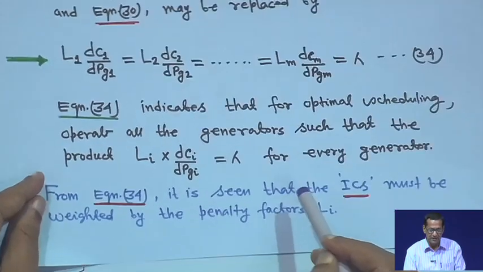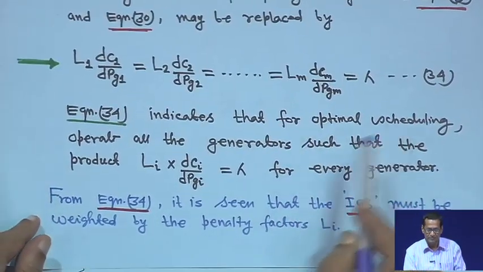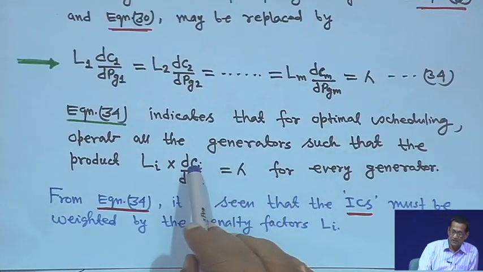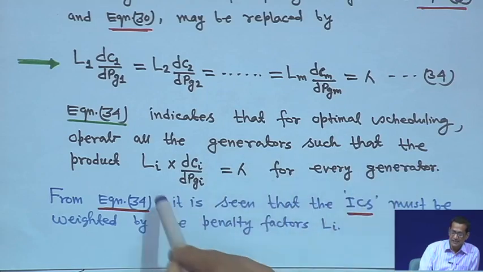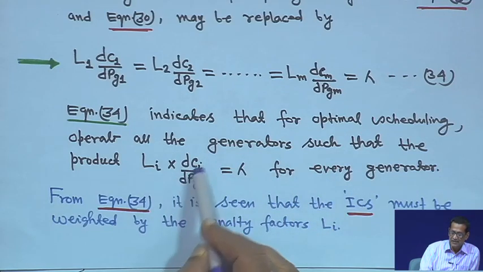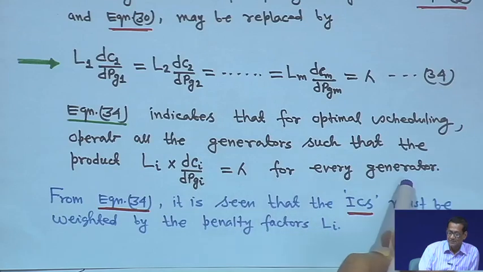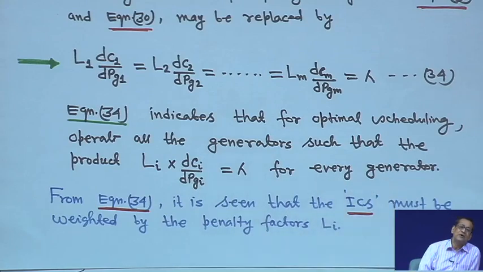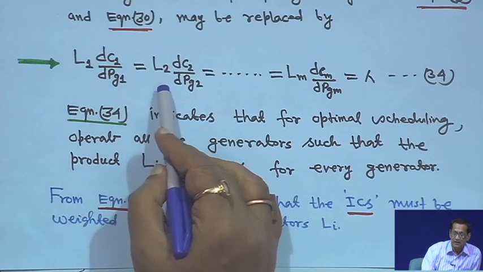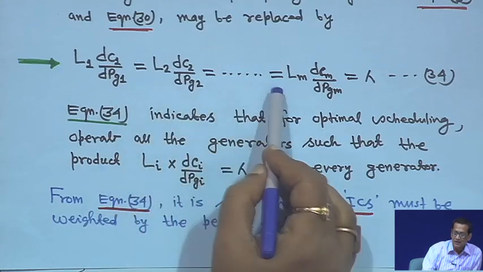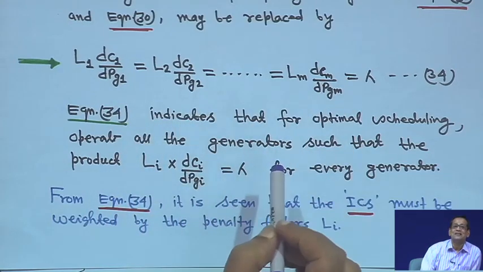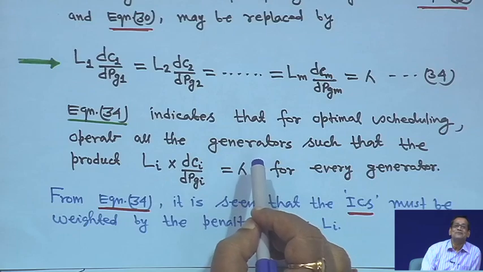Equation 34 indicates that for optimal scheduling, we operate all the generators such that their product Li into dCi/dPgi must be lambda for every generator. When the loss term was not there, L1, L2, Lm were not there, because at that time loss was not considered.